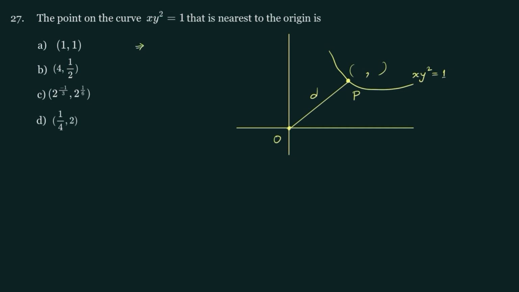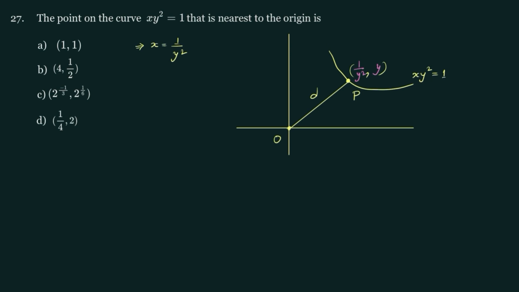The given function is xy square equals to 1. That means x equals to 1 by y square from the given equation. That means the value of x is equal to 1 over y square. That means let the coordinate of this point be 1 over y square comma y.